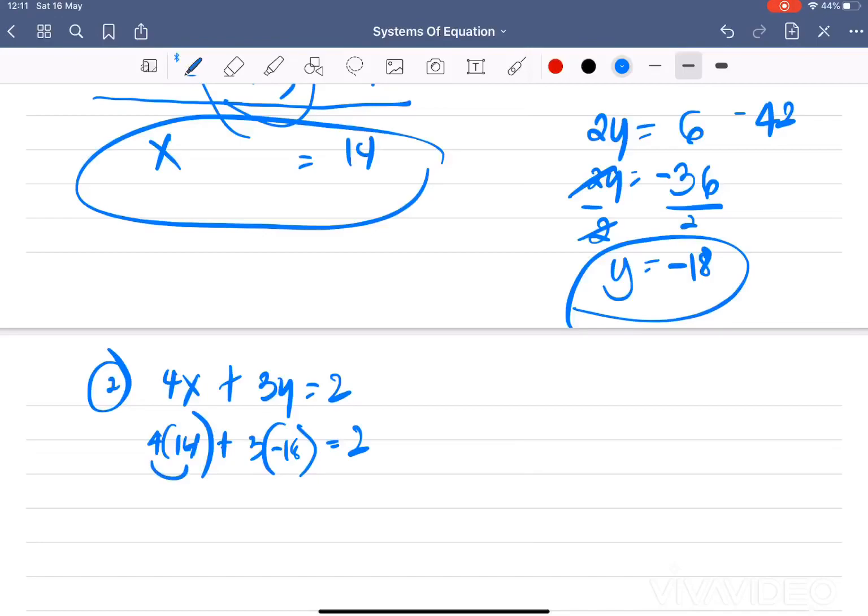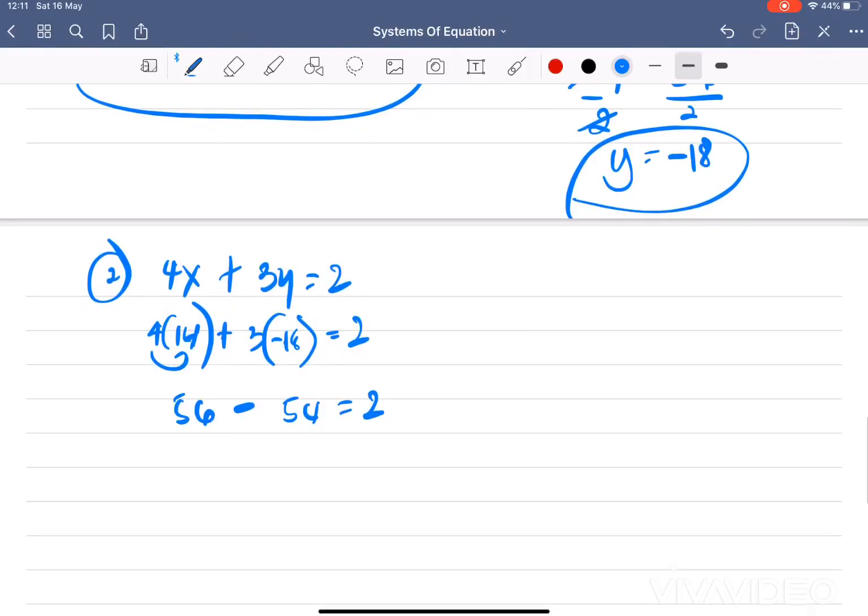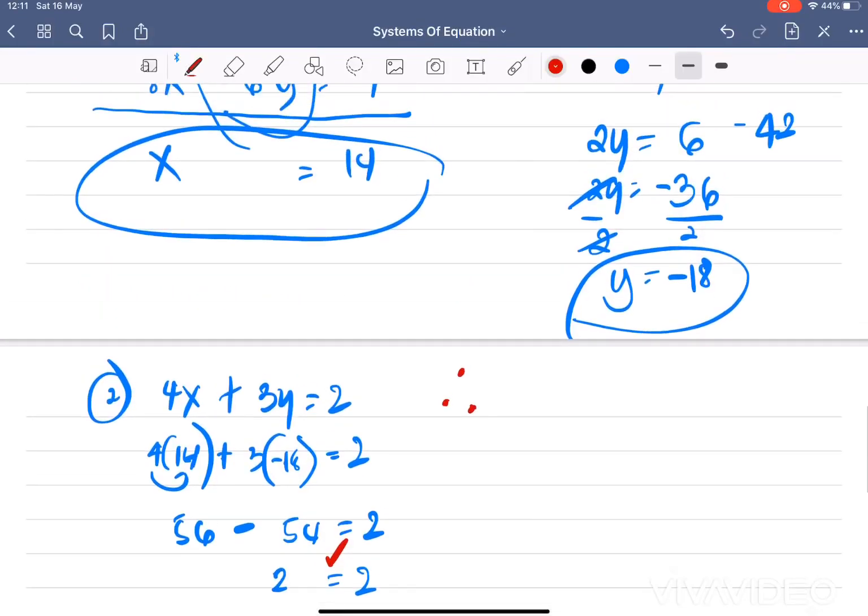So 4 times 14 is equal to 56 plus, or it will become minus because that's negative 18. Negative 4 carry 2, 54 is equal to 2. So 56 minus 54 is equal to 2, 2 is equal to 2. Therefore, it's checked. So the solution of the equations is 14, negative 18.